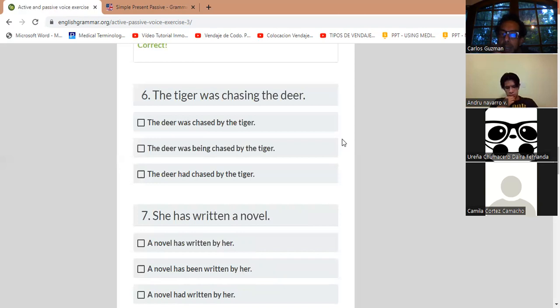The tiger was chasing the deer. Okay, so in the active voice, the tiger is the subject, is doing the action, right? He's chasing the deer. And then if you turn it to the passive voice, the deer becomes the subject and is going to receive the action. Why? Because it's going to be chased by the tiger. So I kind of like gave you the answer there. So what do you think? Choose another answer.